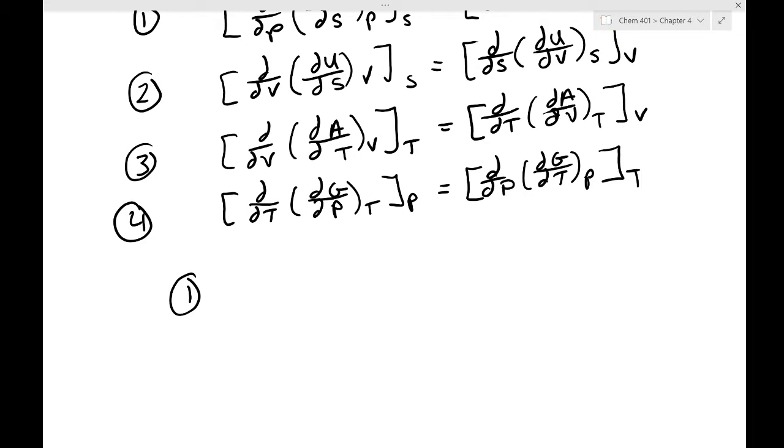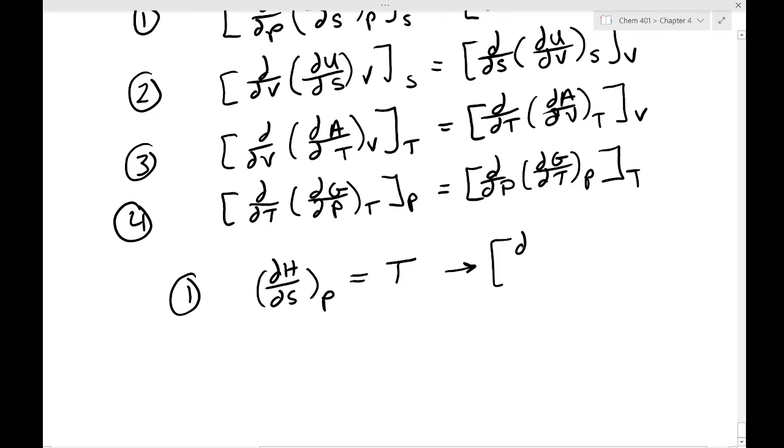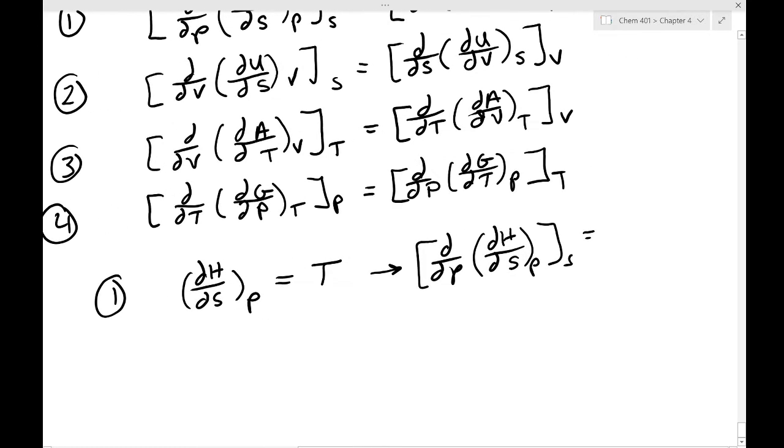Number one, remember that dH/dS at constant P is equal to T. Therefore, the change with respect to pressure of dH over dS at constant P at constant S is equal to the change with respect to pressure of T at constant S.